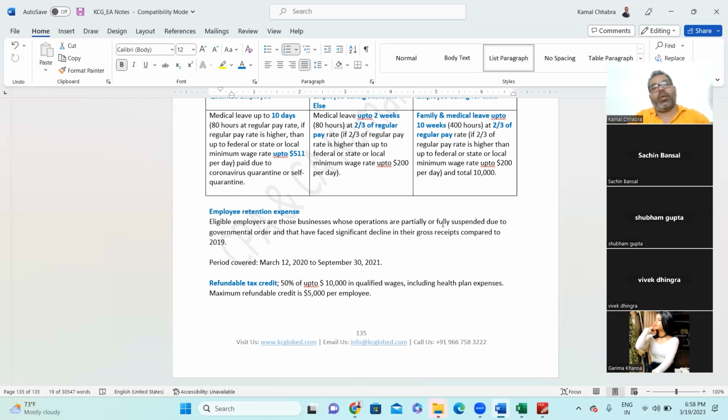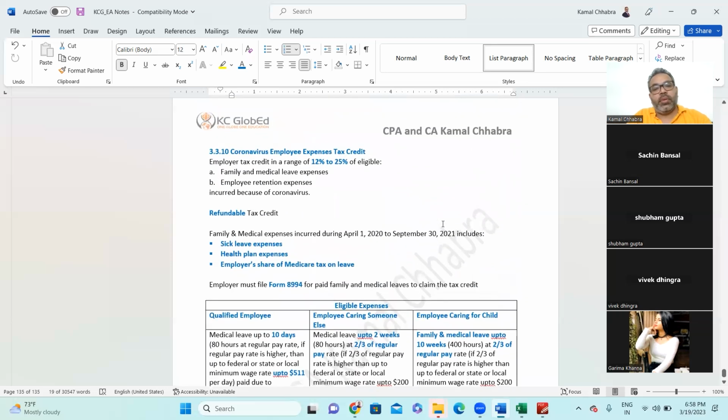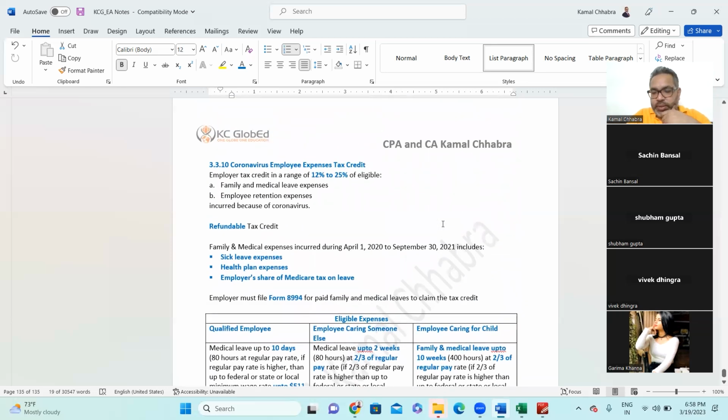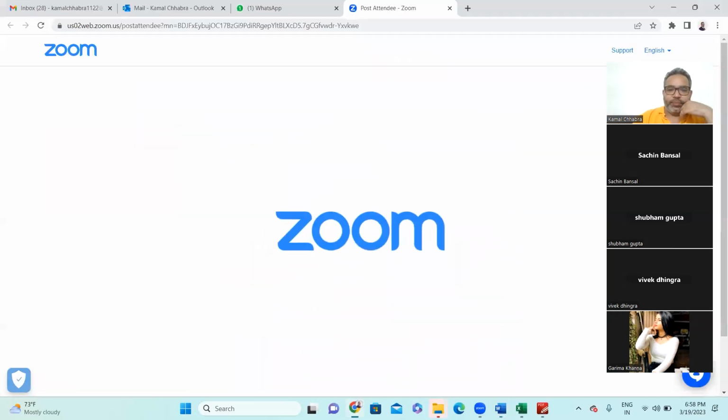Any doubt on the coronavirus employee retention expense tax credit? Sounds good. Okay, so let's do some practice on tax credit. So your chapter 3 is done.